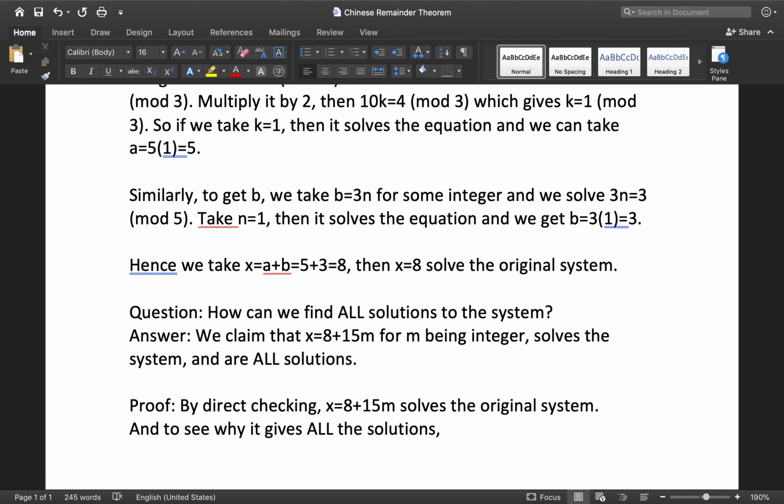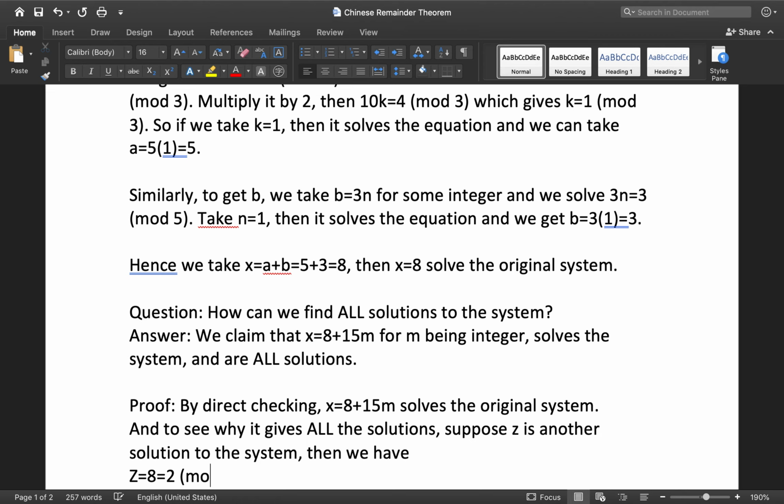So suppose, let me use another letter, z, is another solution to the system. Then we have z congruent to 8, which is congruent to 2 modulo 3, and also z congruent to 8, which is congruent to 3 modulo 5.